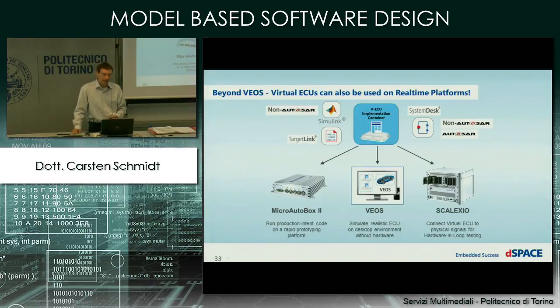Basically, you can increase the level of detail by plugging in a real motor control unit, for example. If you don't have a real motor controller, then you can plug in a virtual one.